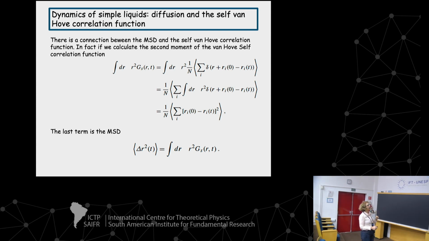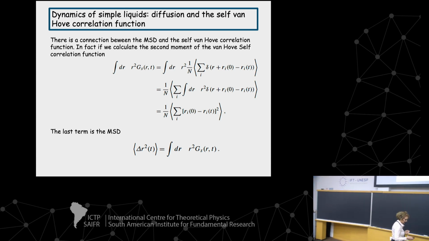If you look at the second moment and perform the calculations, there is some manipulation, you see that the second moment of the Van Hove self-correlation function is the mean square displacement. So the mean square displacement is directly connected to the Van Hove self-correlation function. So these two functions are two ways of representing the same dynamics.